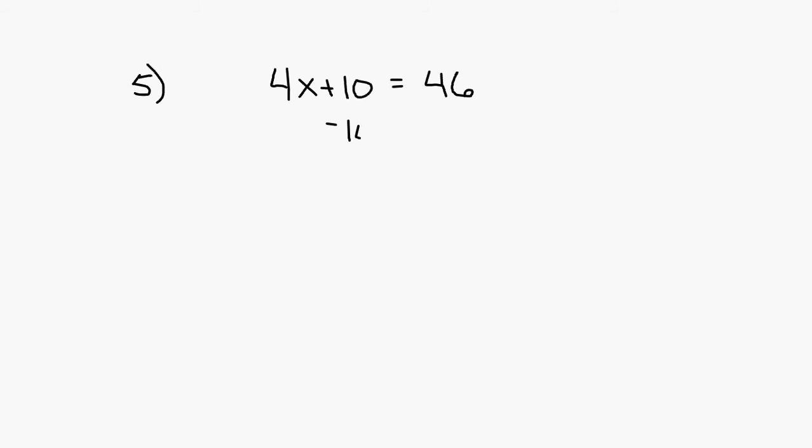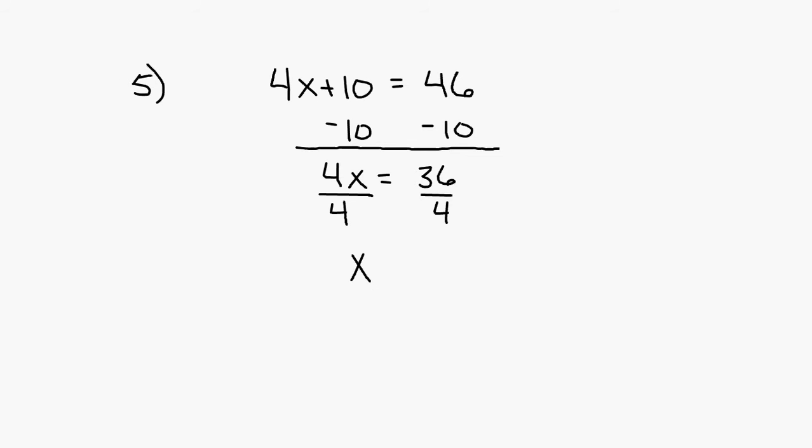So if you subtract 10 from each of these, then 4x is equal to 36, and you can divide by 4. x is equal to 9, and that's all they're asking you for.